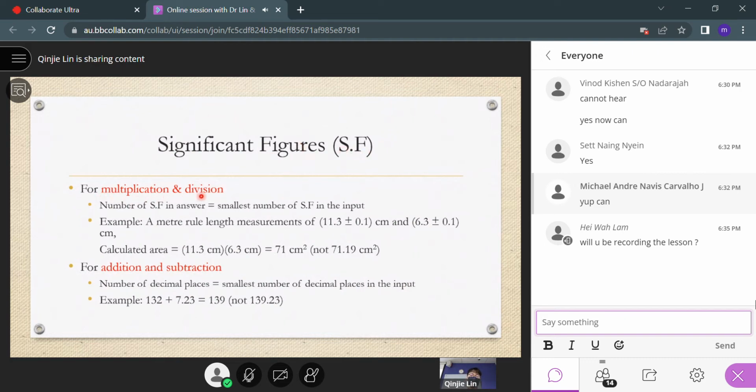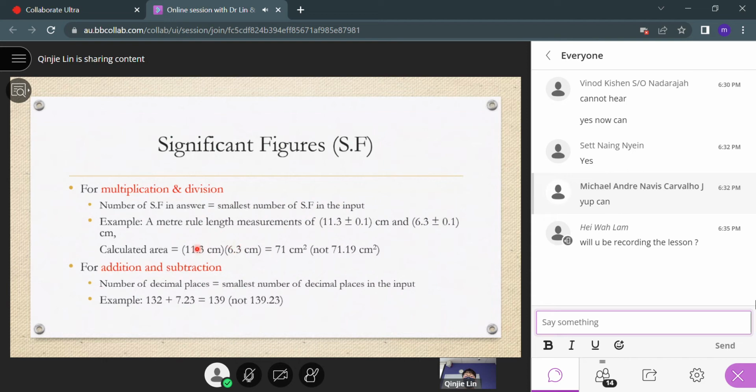Then just a recap of significant figures. For multiplication and division, the number of significant figures in your answer must be equal to the smallest number of significant figures in the input. For example, if we have a meter rule length measurement, one is 11.3, the other one is 6.3. If you want to take the area, you multiply the two together, correct?